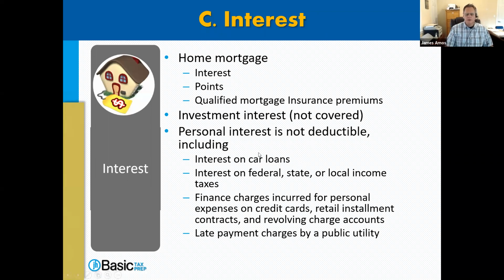Interest that you're paying on car loans for yourself. Interest you pay on taxes that you owe because you're having to make payments. Finance charges from credit cards, late payment charges by public utilities. Those are all examples. In other words, personal interest you just don't get to deduct on a Schedule A. Home mortgage interest you do.